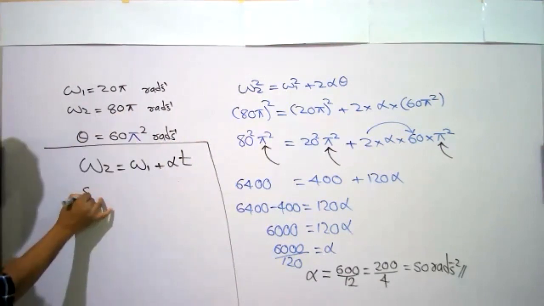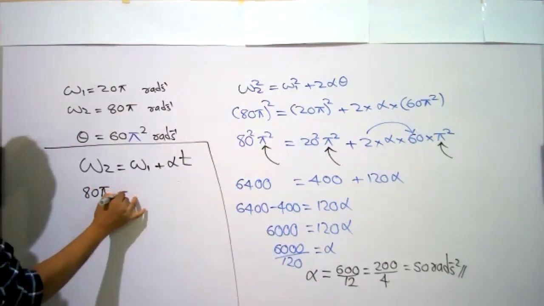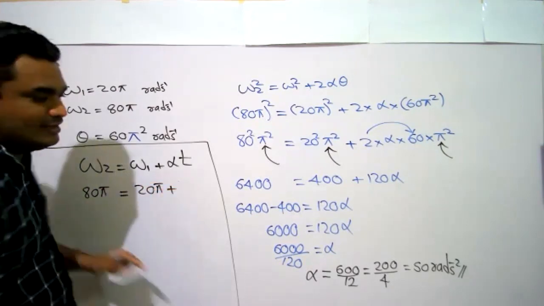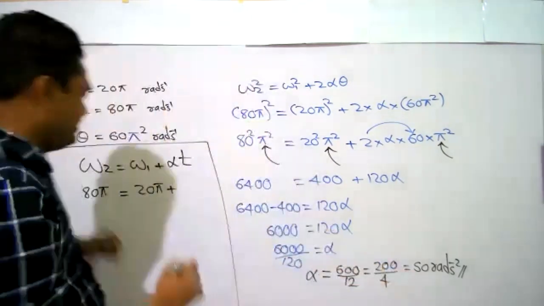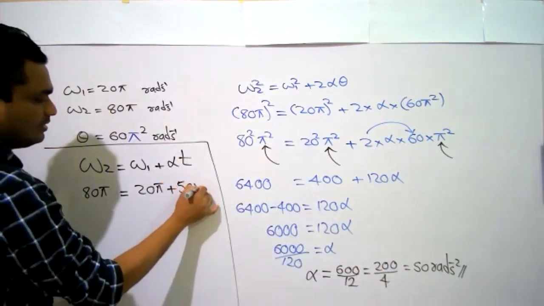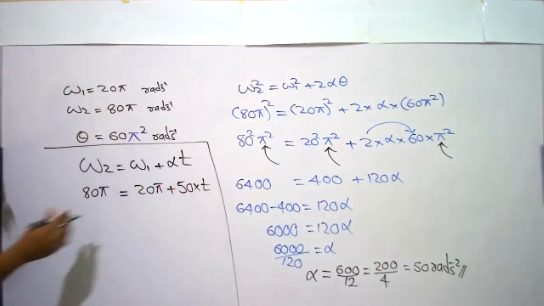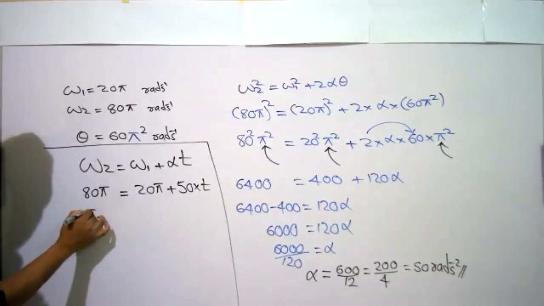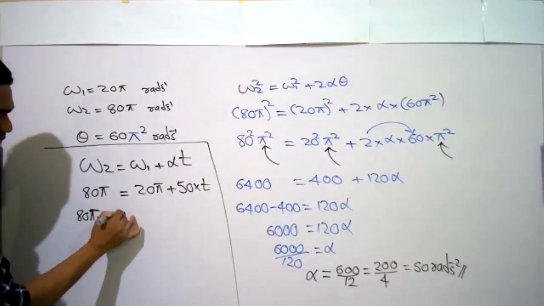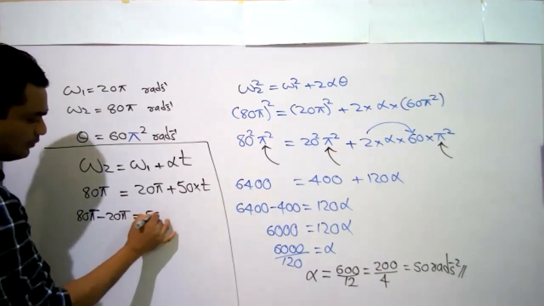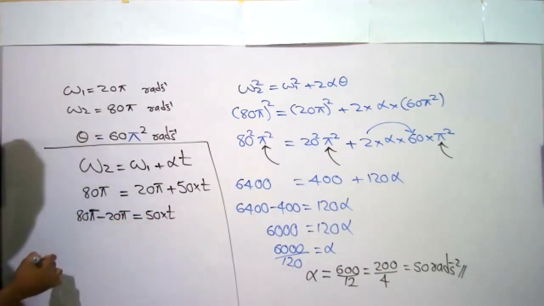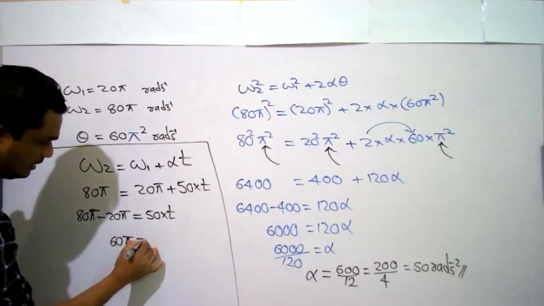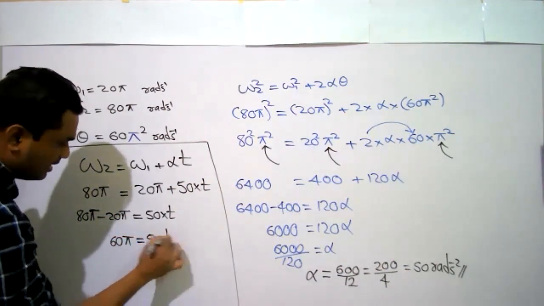Omega 2 is 80 times pi. Omega 1, 20 times pi. Alpha, 50. Alpha is 50 times t. So I can take pi with this side. 80 times pi minus 20 times pi equals 50 times t. 80 minus 20 is 60 times pi equals 50 times t.